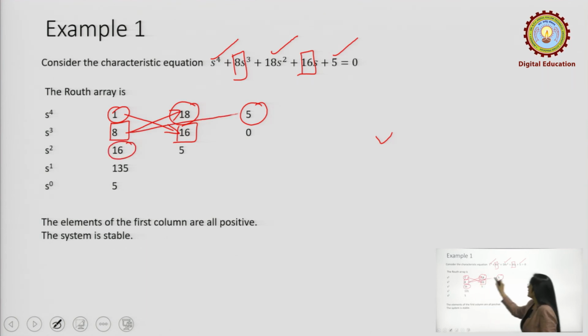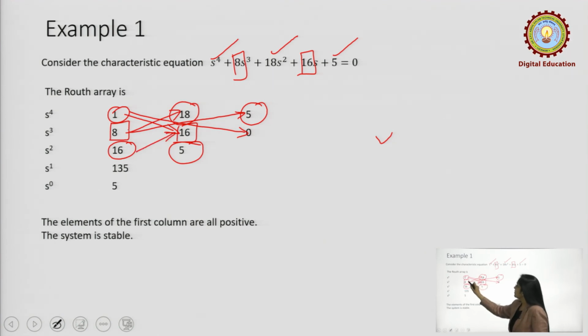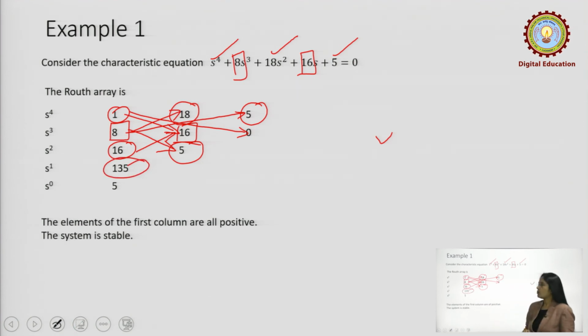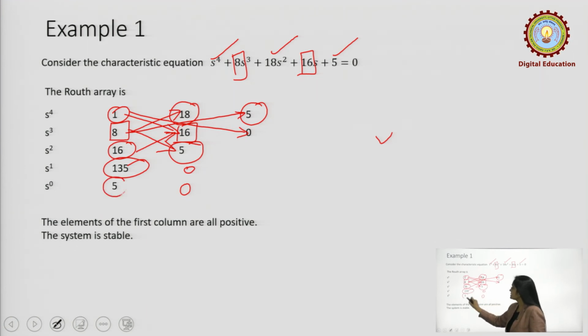Then 8 into 5 minus 1 into 0 divided by 8, we get it as 5. Now, 6 into 16 minus 8 into 5 divided by 6, we get it as 9.33, and then we do not have any term here. So, this becomes 0, or we can leave it blank, and this is obtained as 9.33 into 5 minus 0 divided by 9.33, that is 5.